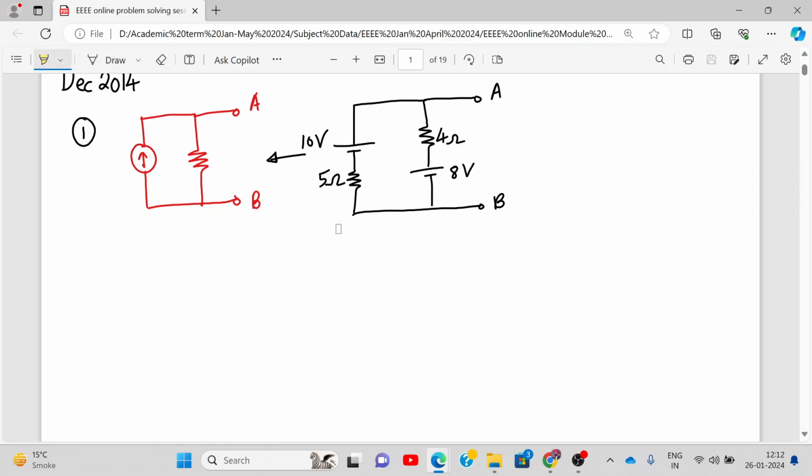So can we convert this 10 volt 5 ohms into a parallel resistance and a current source? Yes or no? And also we can convert this one also. So let's convert both of them together.